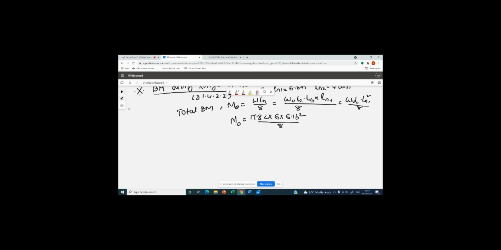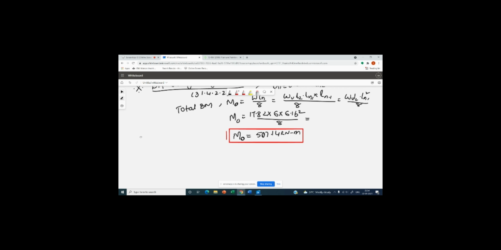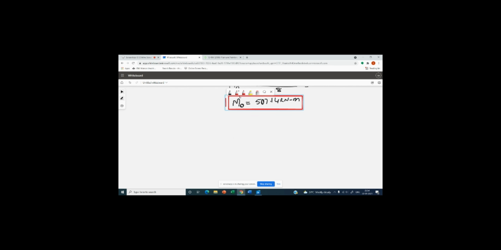After we do the calculations, we get the total bending moment, the sum of the positive and negative bending moment, as 507.14 kilonewton meter. This is the total bending moment on the interior panel of 7.5 meters by 6 meters.